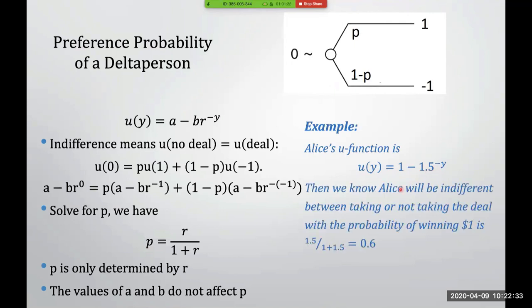Then we would know Alice will be indifferent between not taking the deal and taking the deal of winning or losing $1 if the probability is 1.5 over 1 plus 1.5, which is equal to 0.6. This is just a plug-in of this expression for the solution of p. Okay, you don't need to solve for p every time. You can use this formula to find the indifference probability, the preference probability of a person.